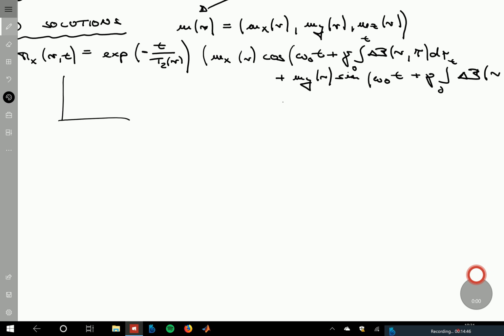So exponential decays have this kind of form. So you know how the exponential function looks.